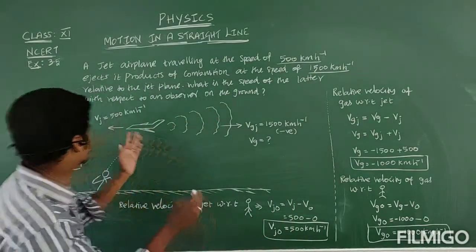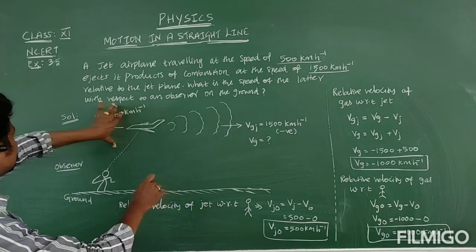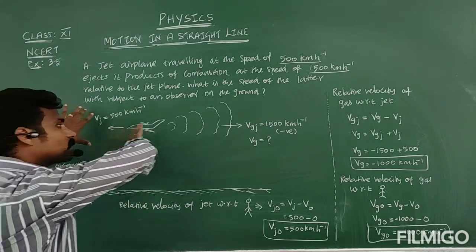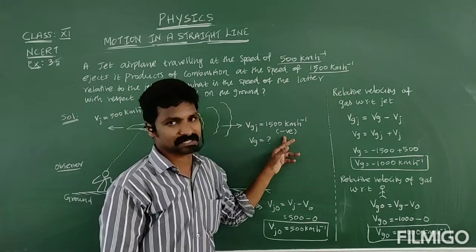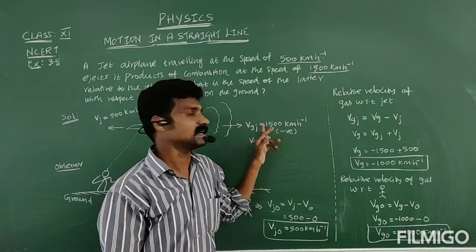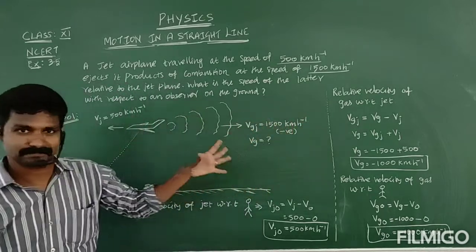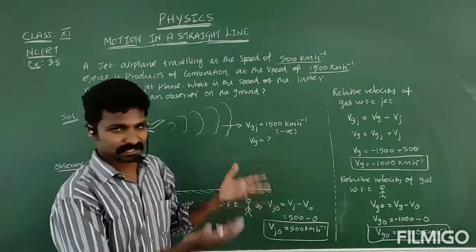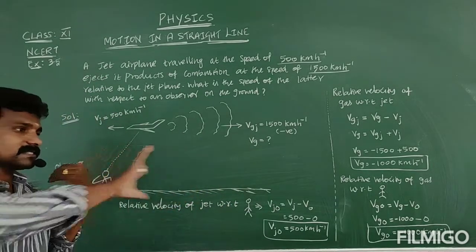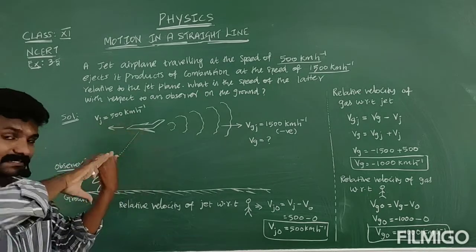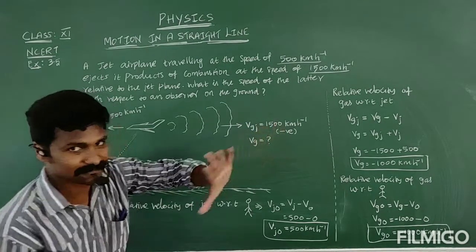The direction of the jet's velocity is one way, and the gas velocity is in the opposite direction, so I mention a negative sign: minus 1500 km per hour. Naturally that only happens, because the jet moves forward and the ejected gases go in the opposite direction. So we get a negative sign.